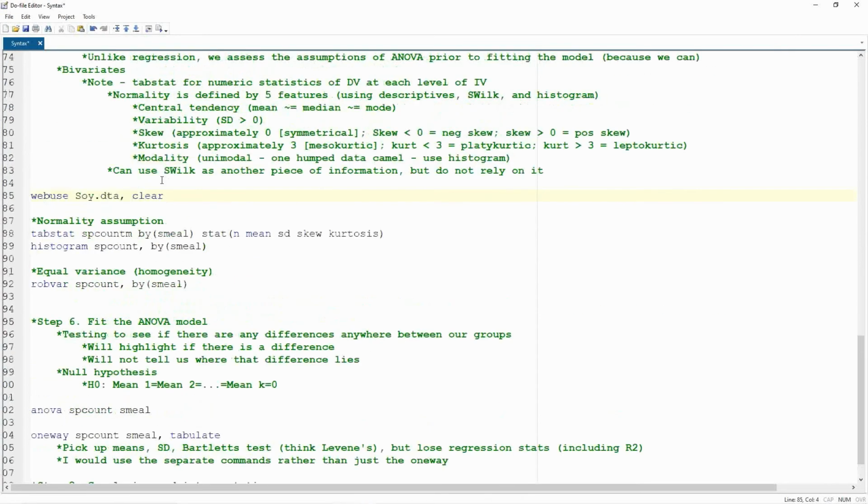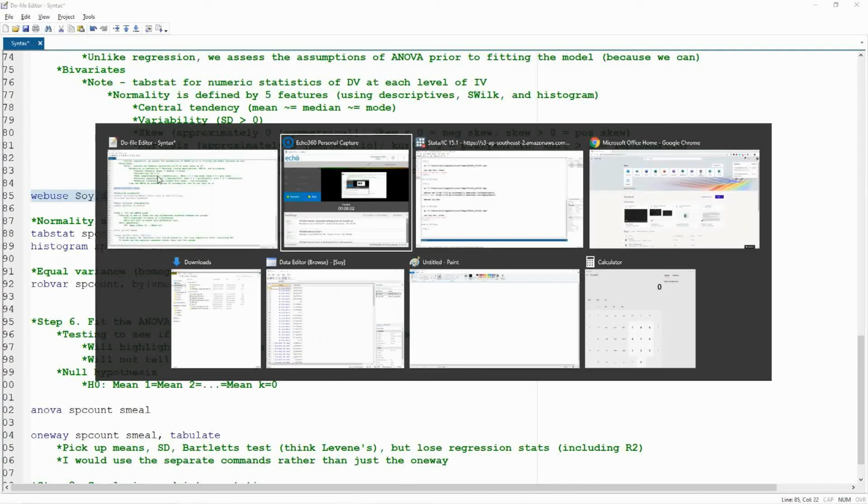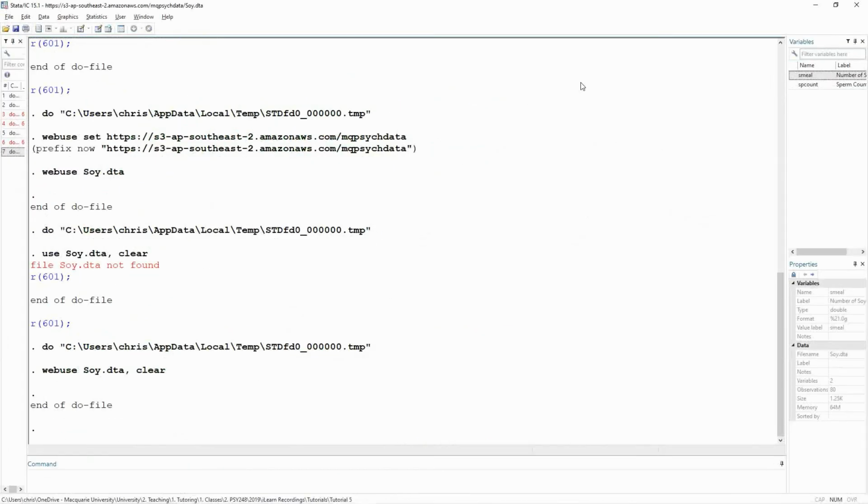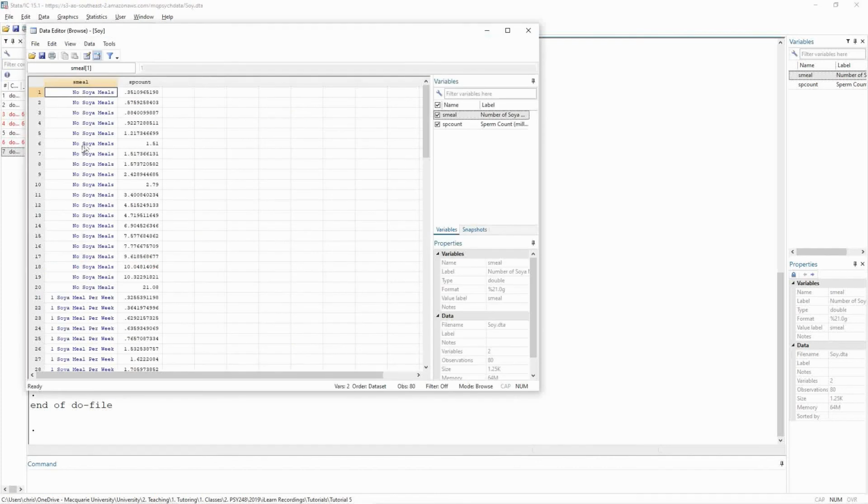So if we were to load up our soy dataset, what we would notice is that there is a slightly different structure to the data. Now we have a variable called smeal and a variable called spcount. If we go into our data browser, what we can see is smeal is a categorical variable, and we know this because it has, first of all, string labels, so in other words it has words, but they're also in blue.